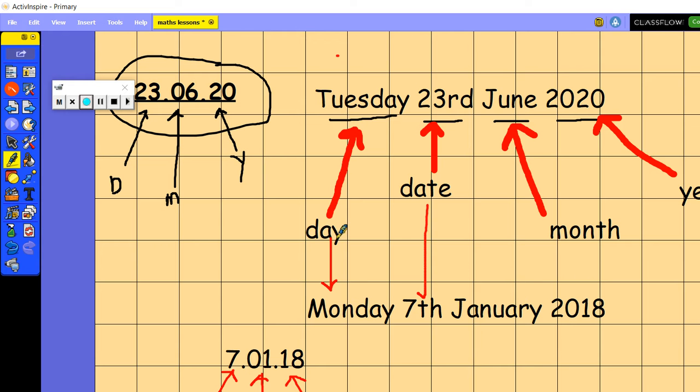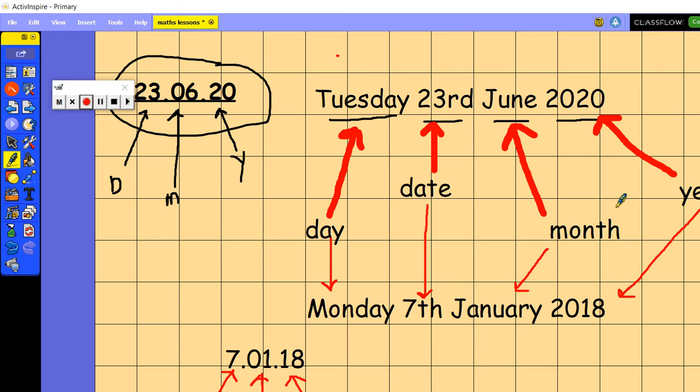This is the date that it has taken place, the 7th day in January. This is the month of January, and we know January is first in our calendar year, and then this is the year.